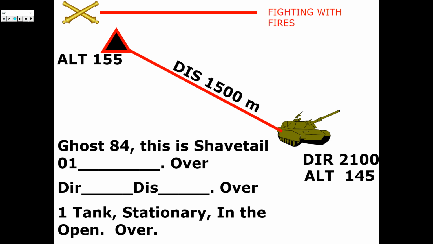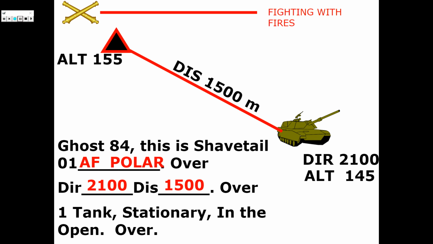Let's try another one. Go ahead and pause the video for a moment and determine your call for fire. The correct polar call for fire should be Ghost 84, this is Shavetail 01. Adjust fire polar, over. Direction 2100, distance 1500, over.